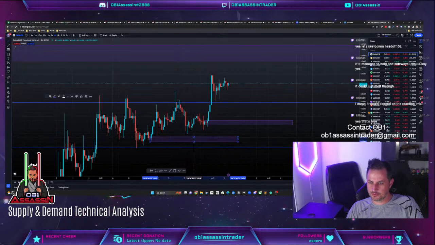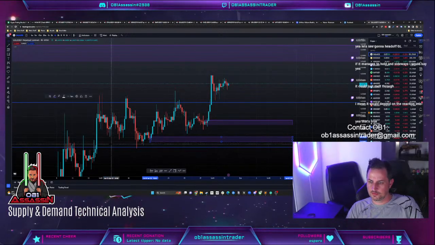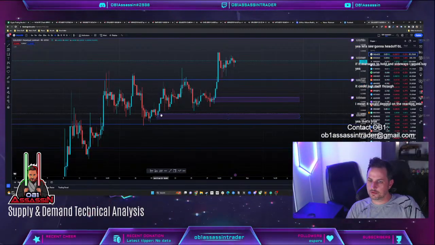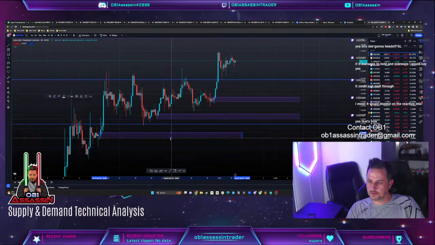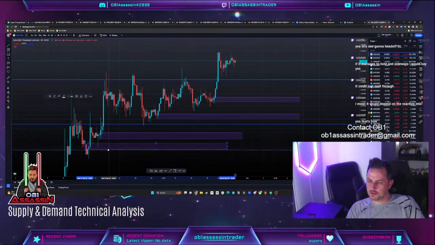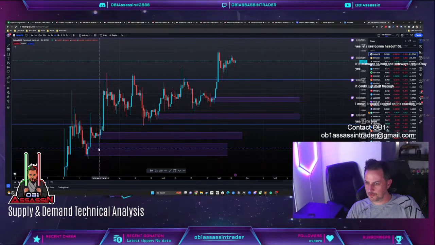That'd be a good one, but it hasn't been tapped into. That's waiting. Down here, we've got a 4-hour auto block right there. And a big one here that's already been tapped into, which created this big run up.